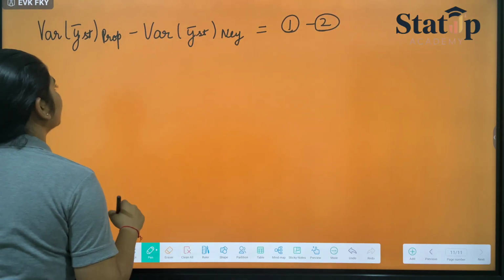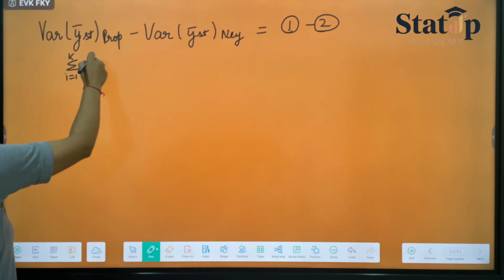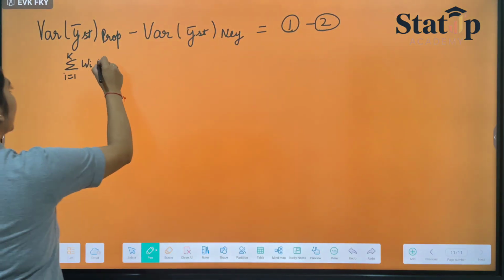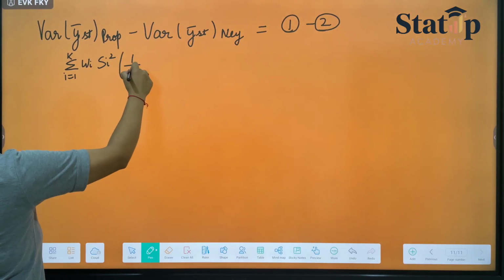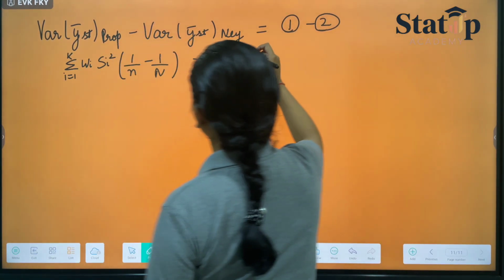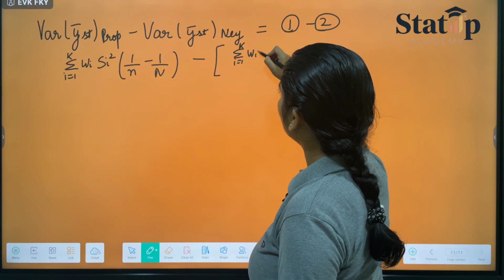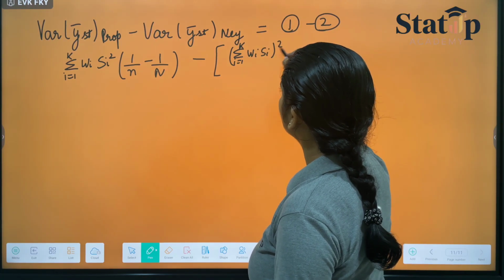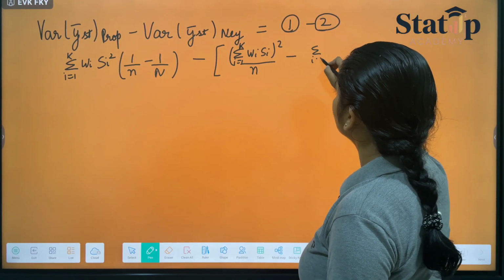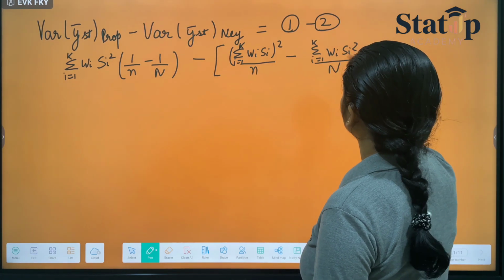So variance of y bar st proportional allocation was summation i goes from 1 to k Wi square Si square into 1 upon small n minus 1 upon capital N, minus variance of y bar st Neyman allocation, which was summation i goes from 1 to k WiSi whole square upon small n minus summation i goes from 1 to k WiSi square upon capital N.